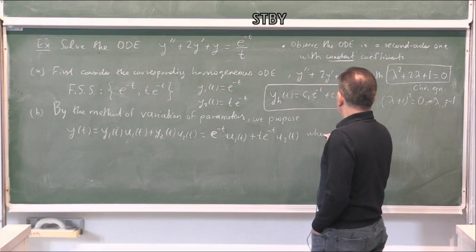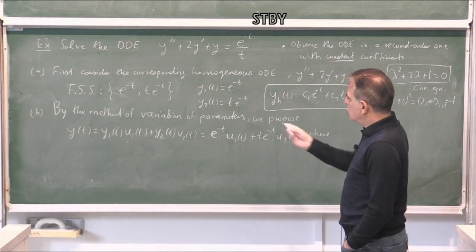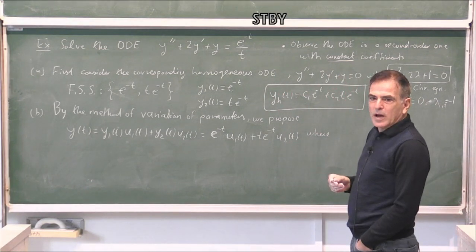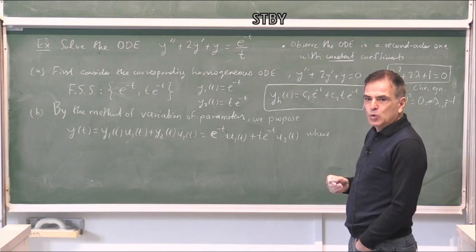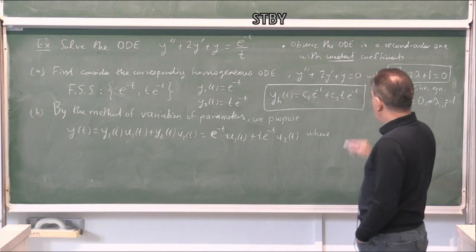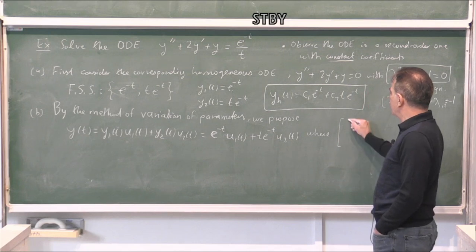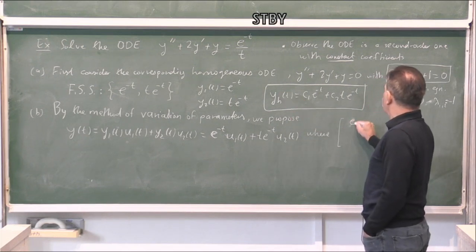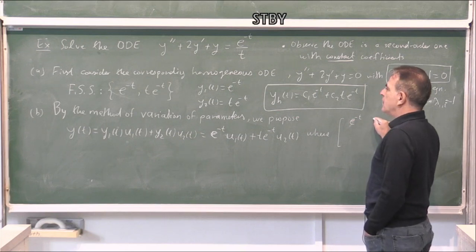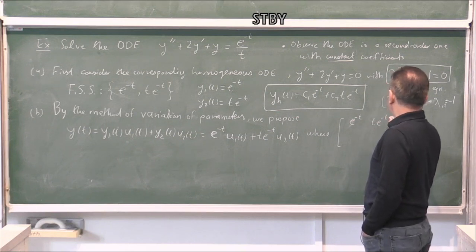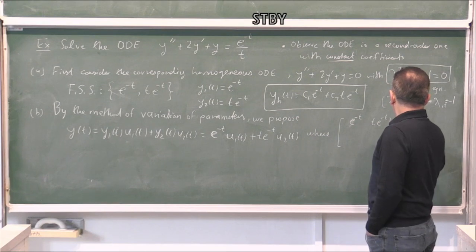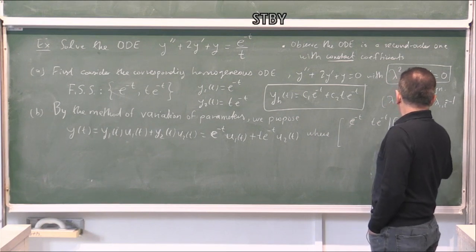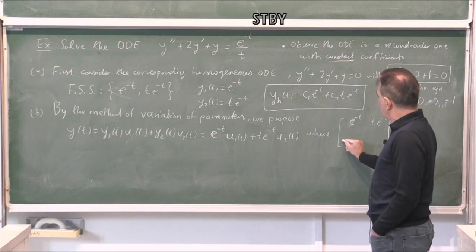where u1 prime and u2 prime are solutions of this system. So let's write this system immediately. The first row is e to power minus t and t e to power minus t, times u1 prime, u2 prime. Good. I'm writing the fundamental matrix.